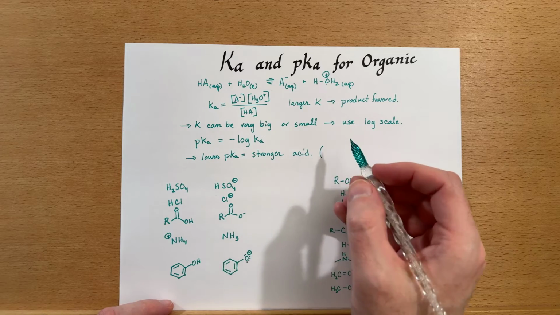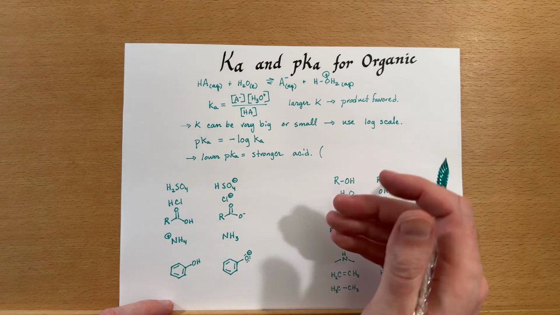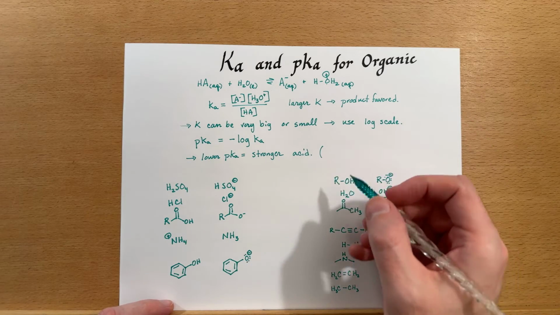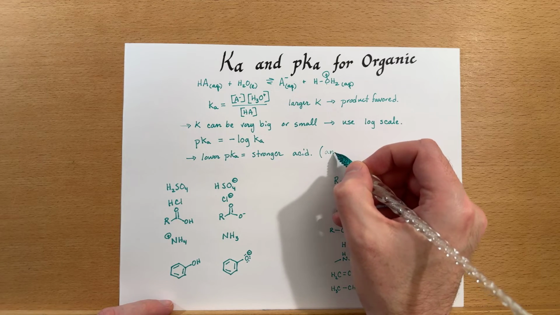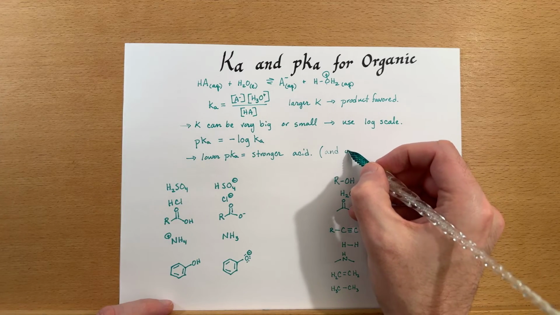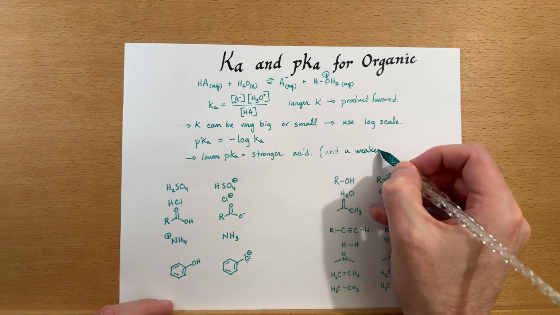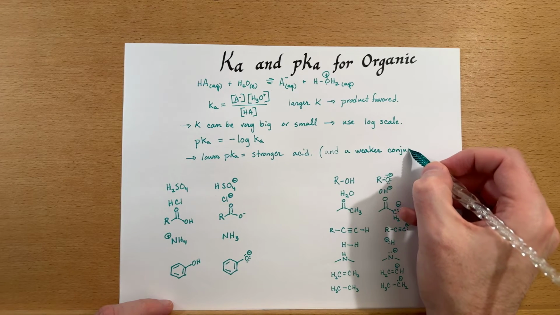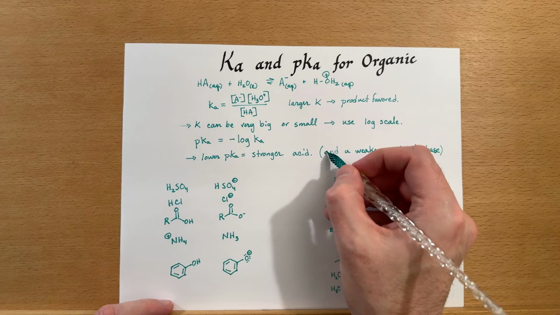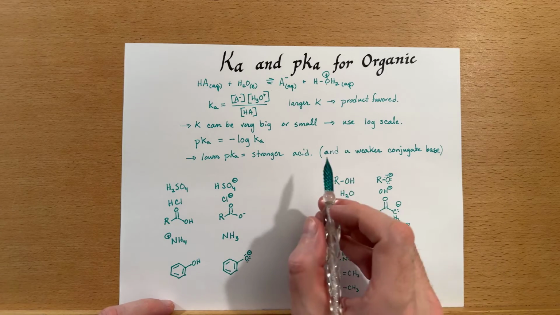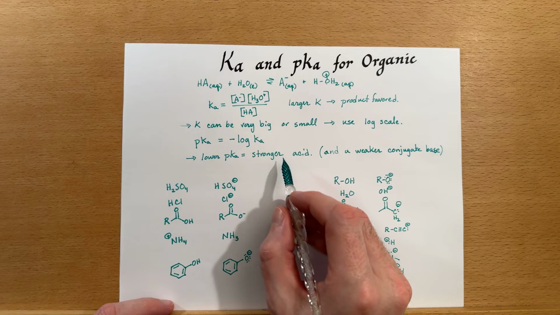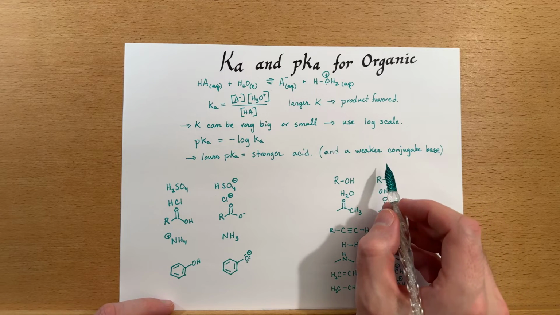And because we have a stronger acid and the acid is correlated with the conjugate base, that will mean a weaker conjugate base. Now, conversely, if we have a very weak acid, then we will have a very strong conjugate base.